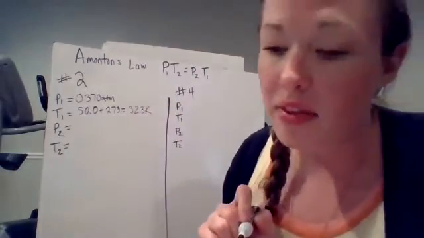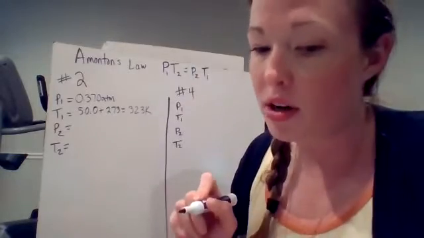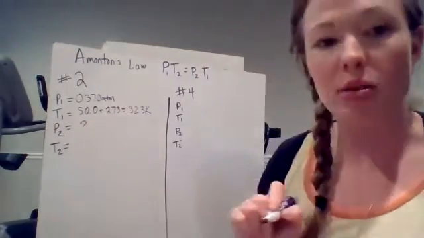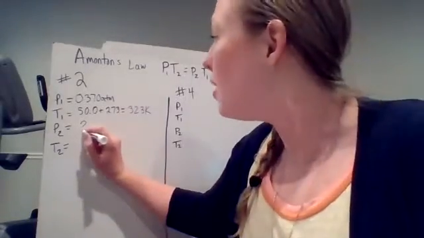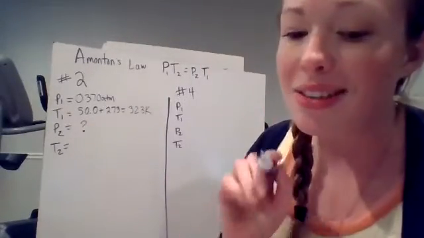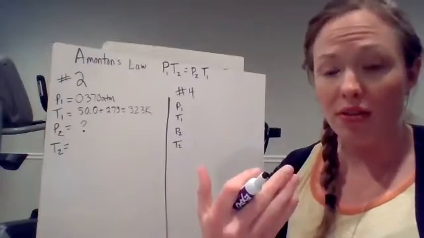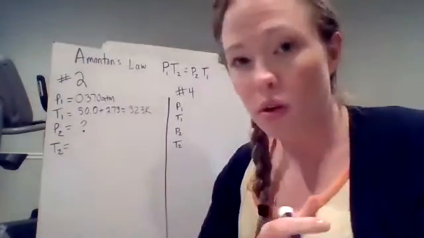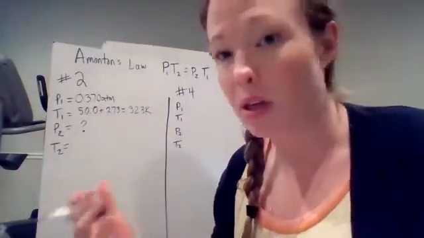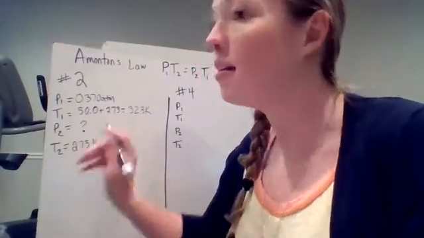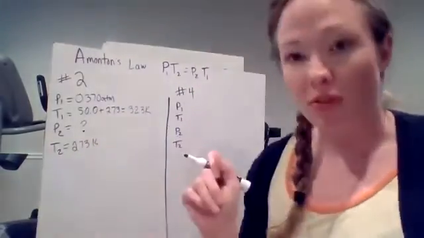Okay, and then it says, what is the pressure at standard temperature? So our P2 is our unknown. I like to put a question mark there. And then our T2 is standard temperature. If you'll remember, standard temperature is 273 Kelvin or 0 degrees Celsius, but we don't care about that again because we need to use Kelvin. 273 K.